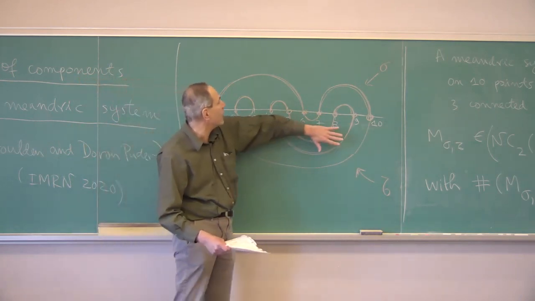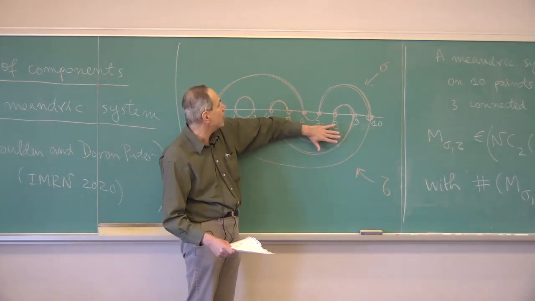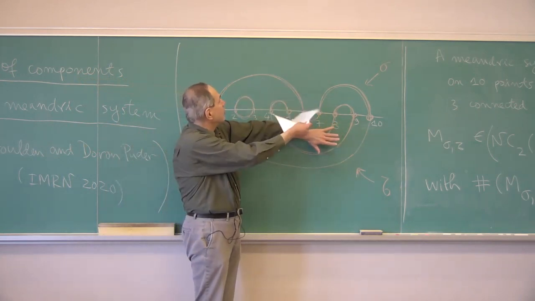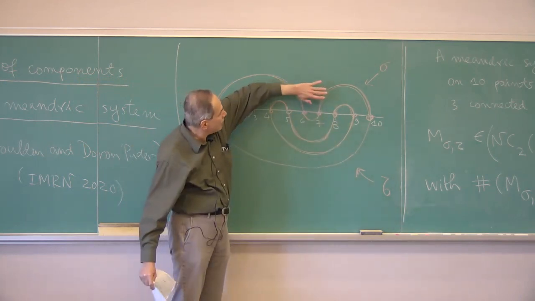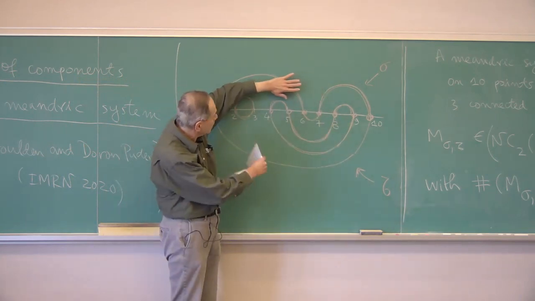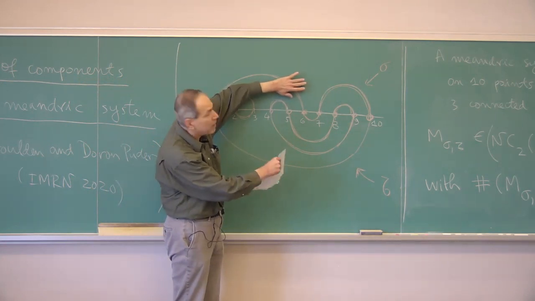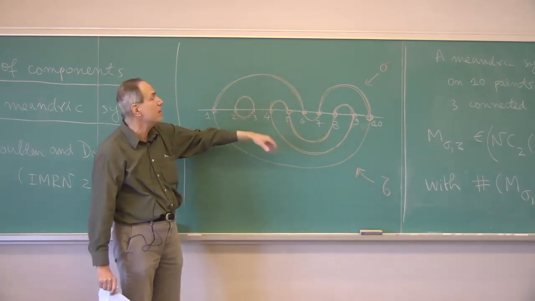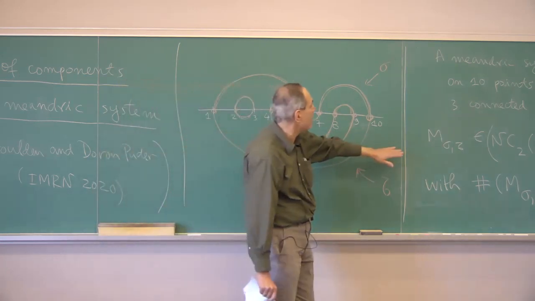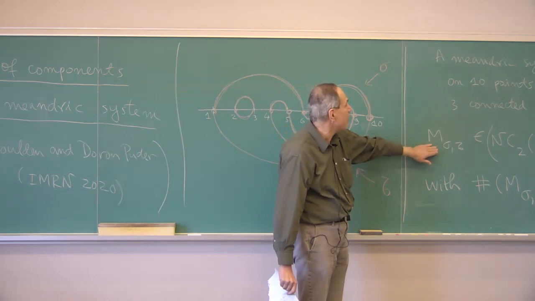If you cover what's south of the highway, you see a non-crossing pair partition sigma. If you cover what's north of the highway, you see a non-crossing pair partition tau. These were picked independently, and what they form is a meandric system. So this is the meandric system given by sigma and tau.